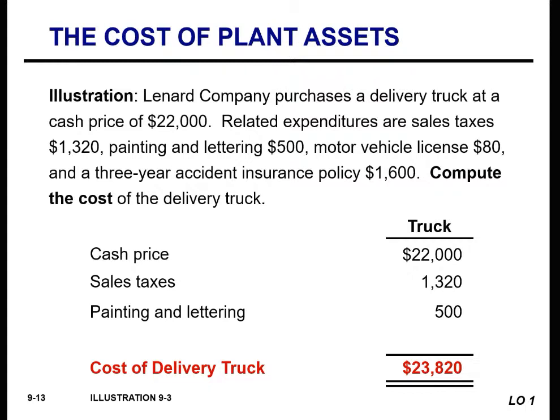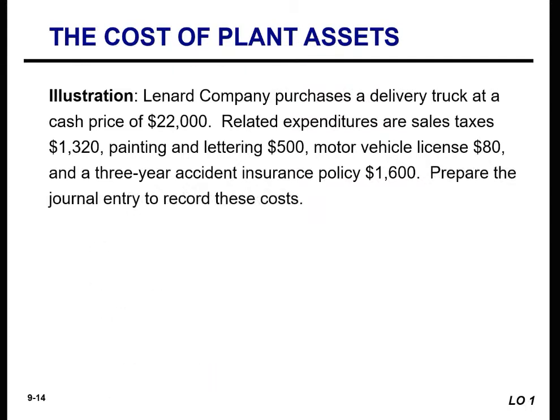The $80 motor vehicle license is an annual fee. And the 3-year accident policy of $1,600 is also a recurring fee. Those are regular, ordinary expenditures. So let's look at the journal entry that we would encounter to record these costs.